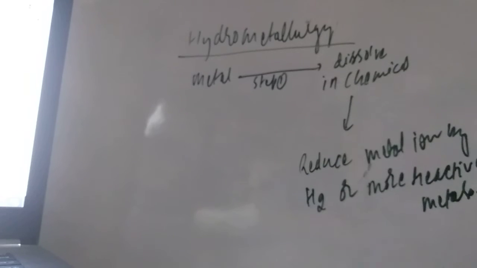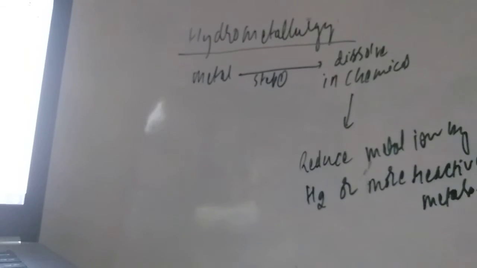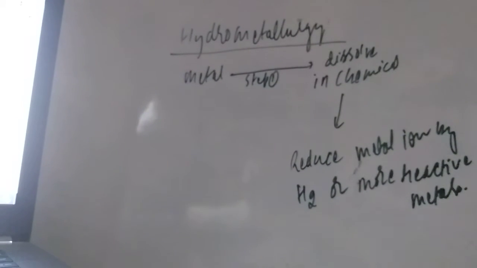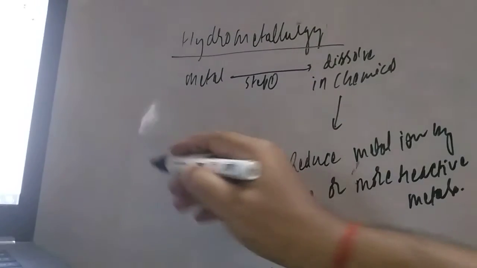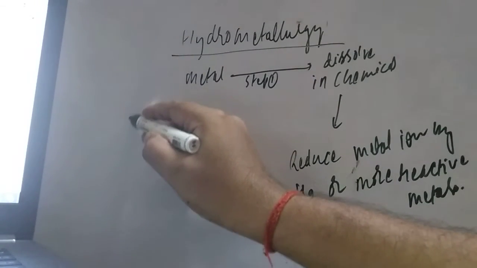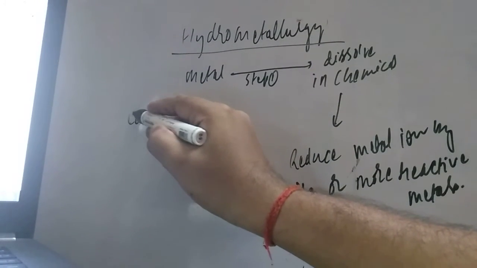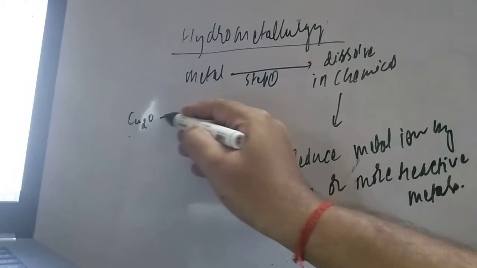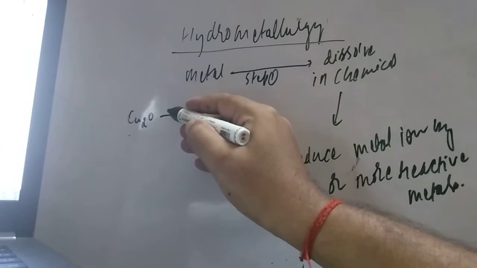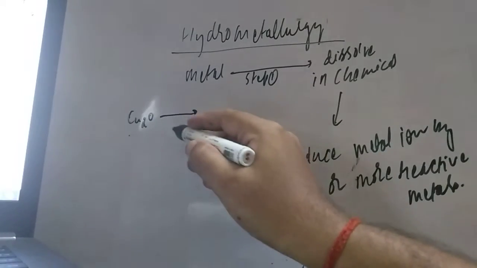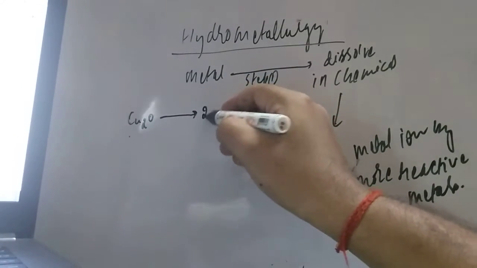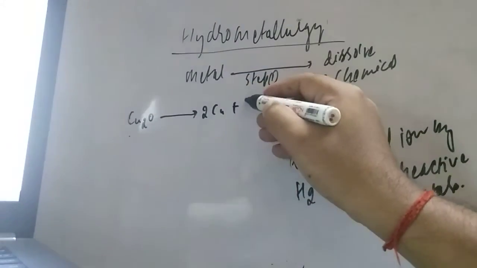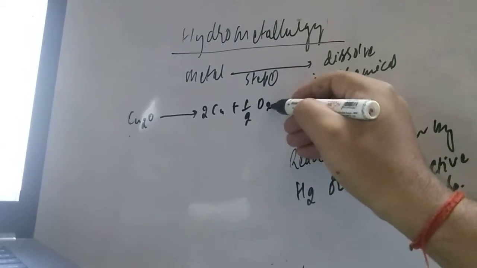Now, if you want to understand how this can be done, let us try with an example. Suppose you have copper ore, say Cu2O. When you dissolve this Cu2O, it will give 2Cu plus 1/2 O2.